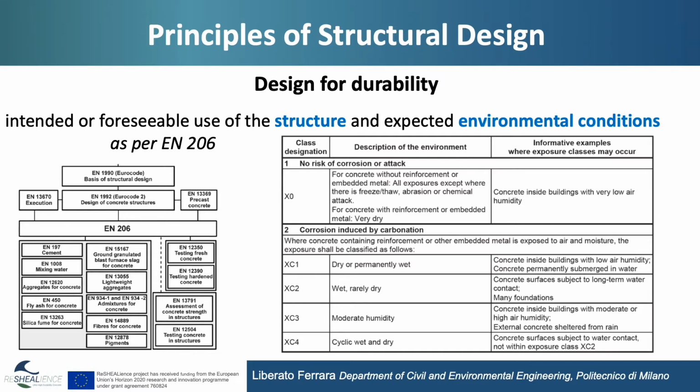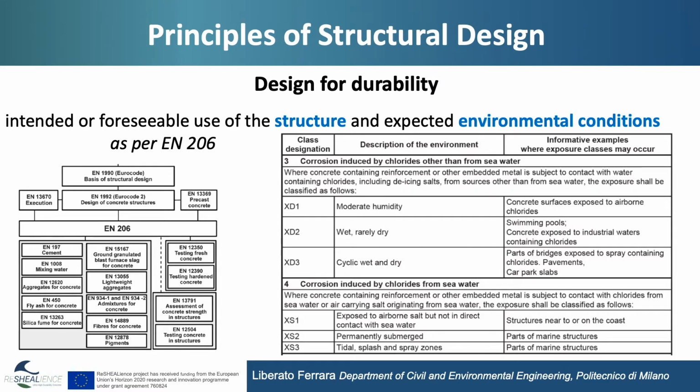These are the 4 subclasses from XC1 to XC4. Then we go to corrosion induced by chlorides, which are not from seawater, classified into 3 subclasses, XD1, XD2, XD3, once again based on the humidity, which can be moderate, wet, rarely dry, or cyclic wet and dry.